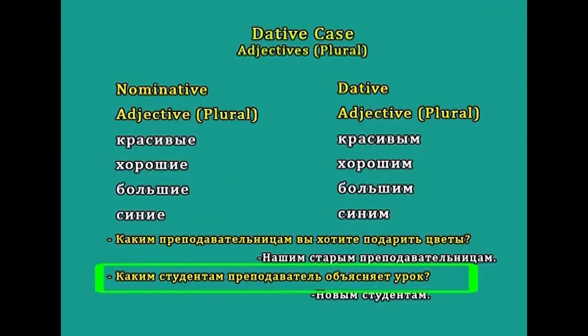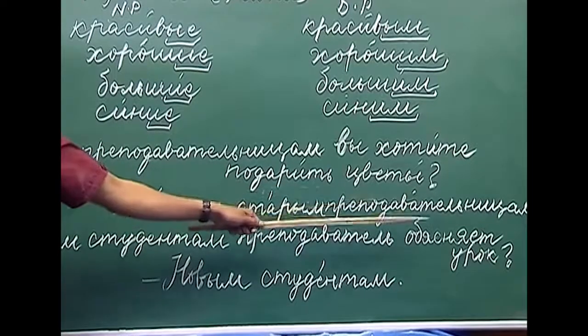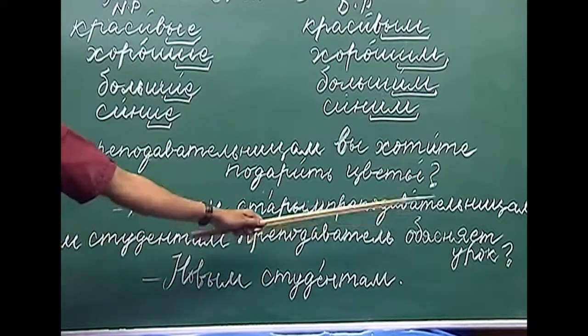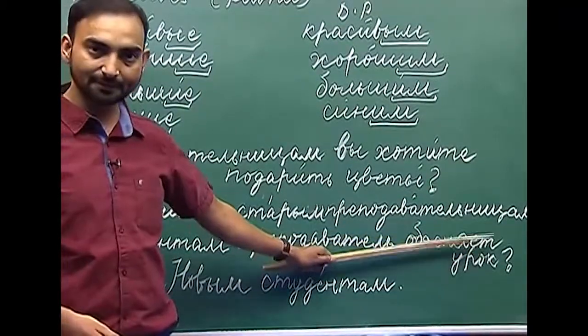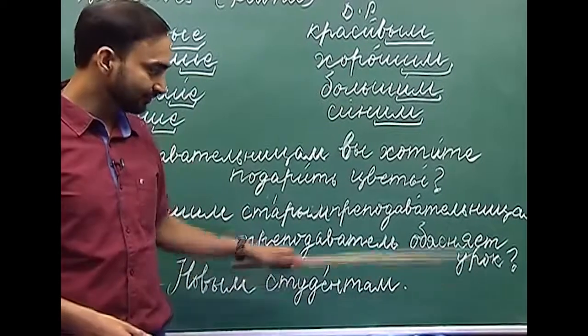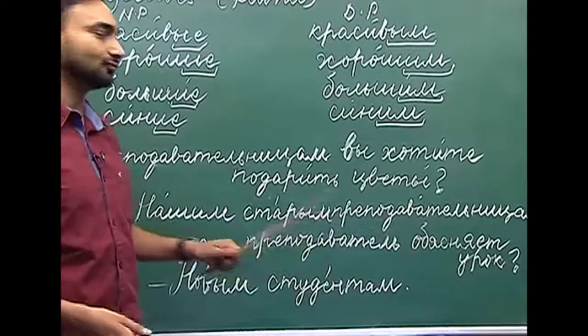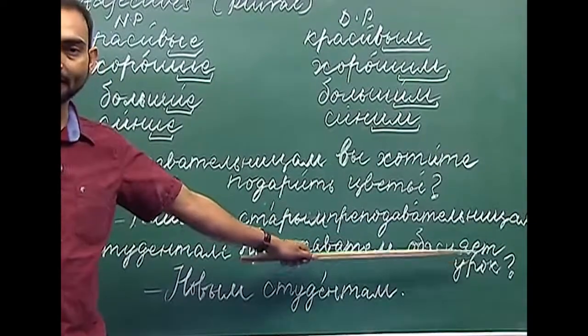The next example is kakim studiantam pripadavachal abhisnayat urok. To which students is the teacher explaining the lesson? Abhisnayat means to explain, and it takes shto and kamu.